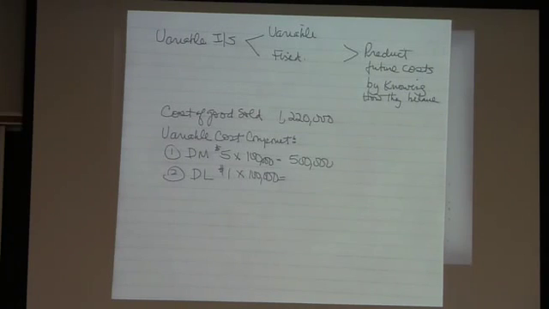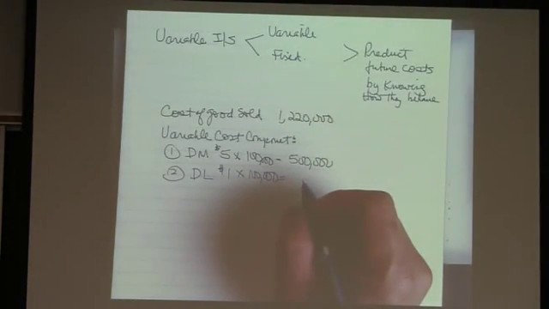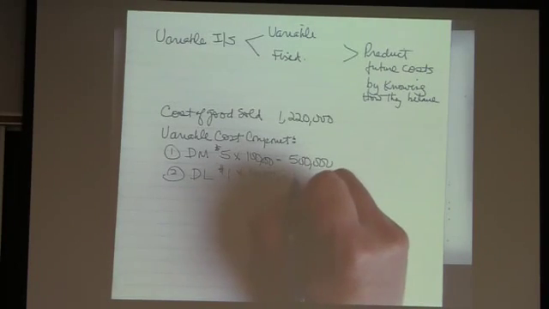So again, you could make the assumption that direct labor is fixed or variable. But the question will be clear, but this question wasn't clear. So we're going to attack it in 2 different ways. So this one is 100,000.